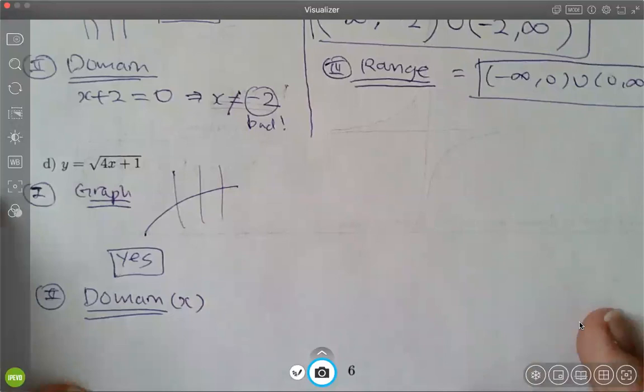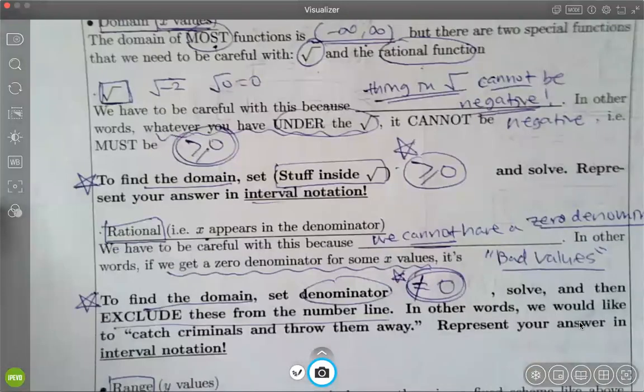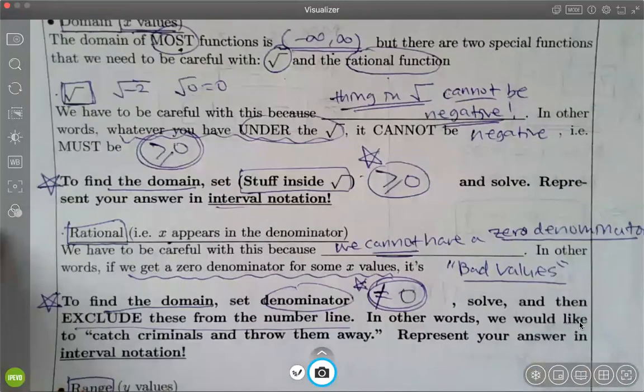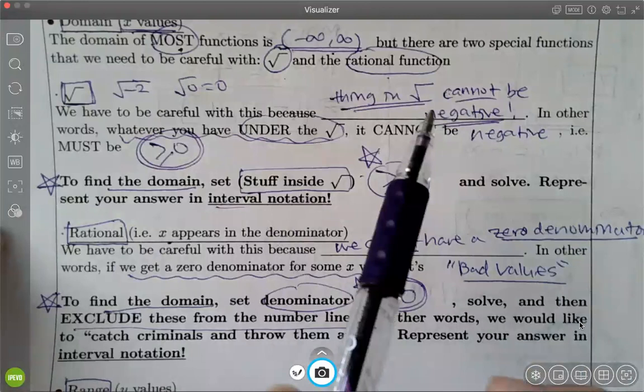So remember, is the domain everything? No. So go back about 2 pages. For the square root, we know that the thing under the square root cannot be negative.